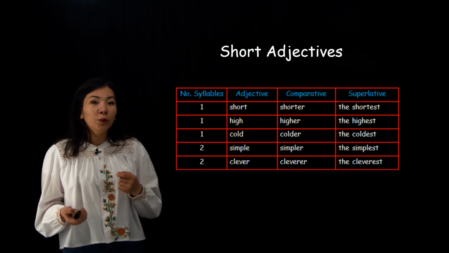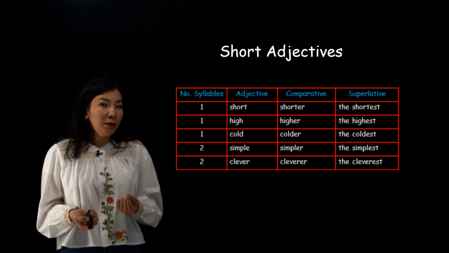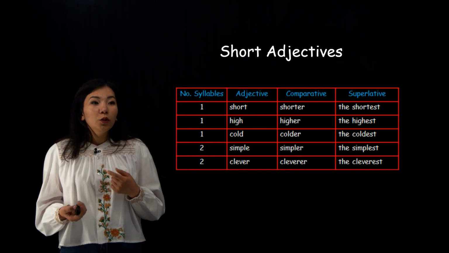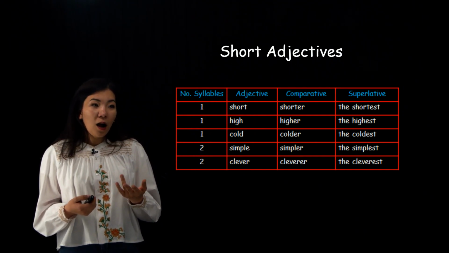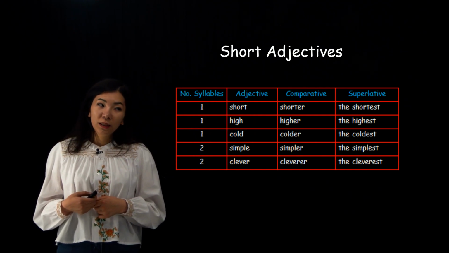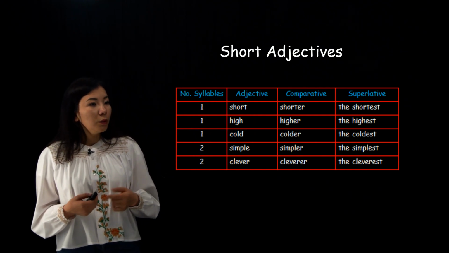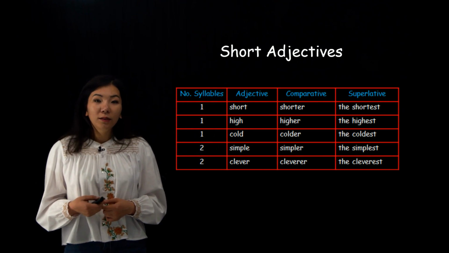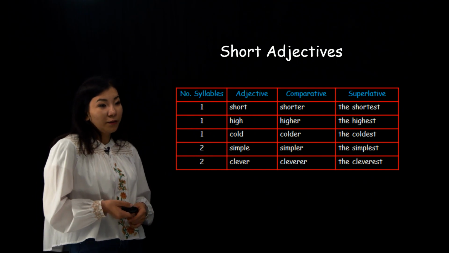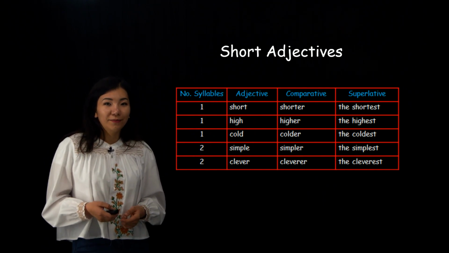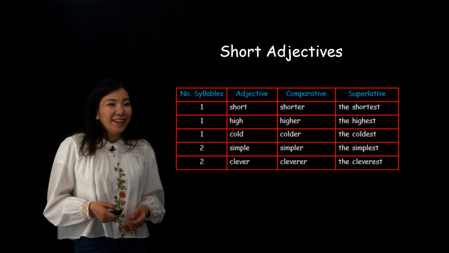And of course, we use it with the definite article the. Short, shorter, the shortest. High, higher, the highest. Cold, colder, the coldest. Simple, simpler, the simplest. Clever, cleverer, and the cleverest. Okay.